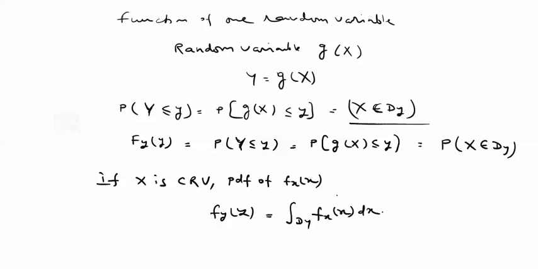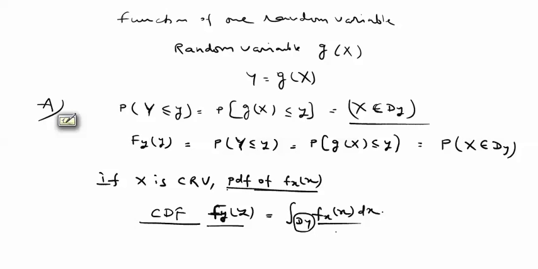Sorry, the CDF can be calculated from this formula. By integration, the limit is changed now. This is the first case, case A. In this case, the PDF of X is given, and we calculate the CDF of the new variable directly in this way. The integration limit is changed.